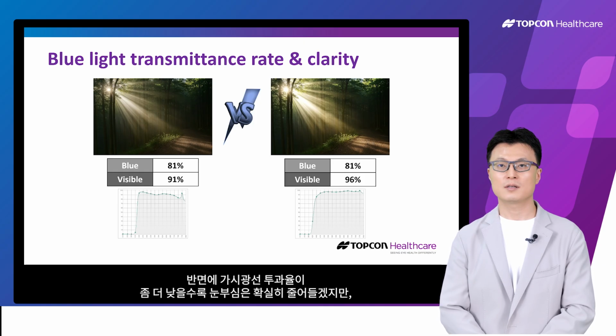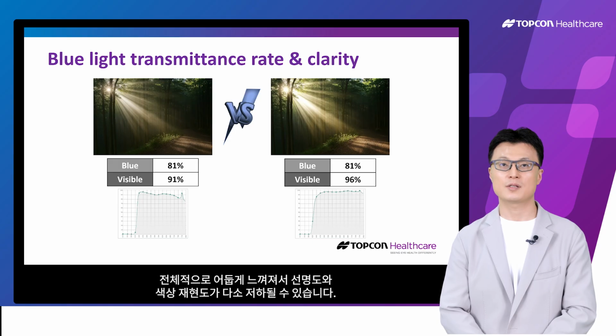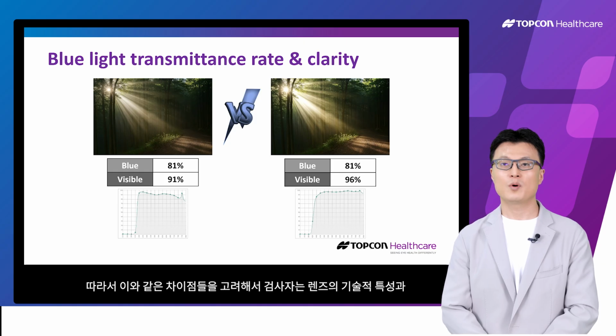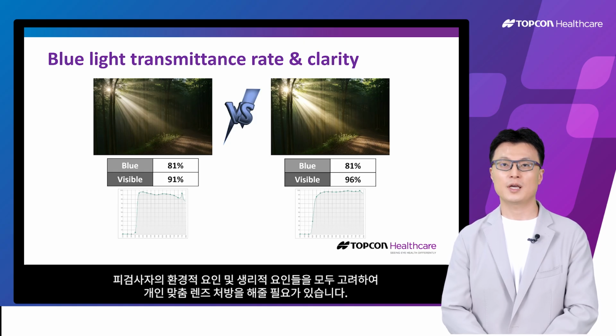On the other hand, a lower VLT reduces glare more effectively, but everything appears darker, which can lower clarity and color accuracy. With these differences in mind, the examiner needs to consider both the lens's technical features and the patient's environment and preference to provide a personalized lens prescription.